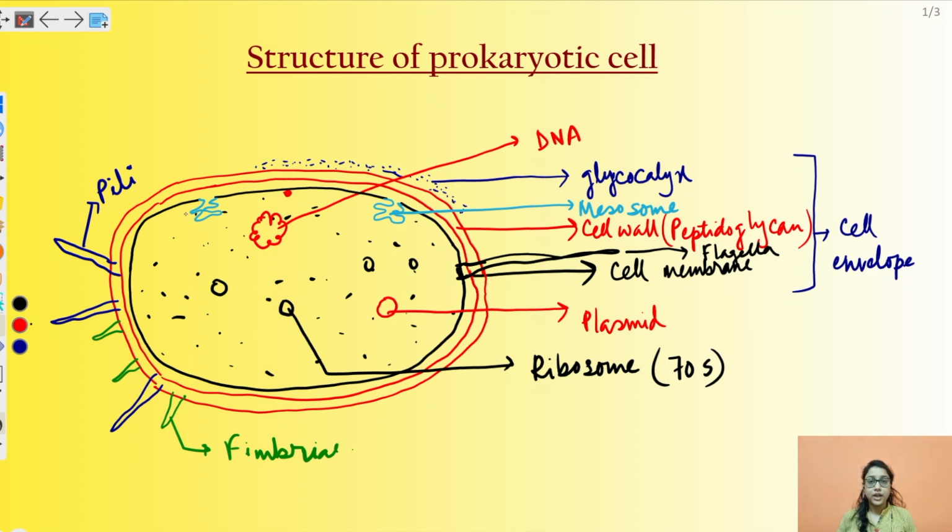Fimbriae help to attach the bacteria to some substrate, and the pili help in the process of conjugation of the bacterial cell.